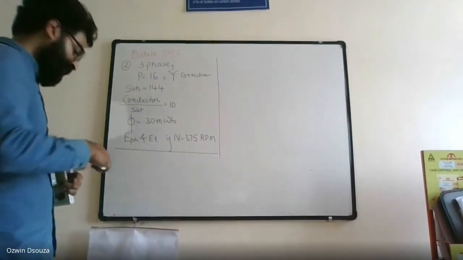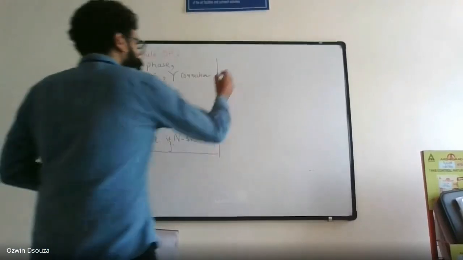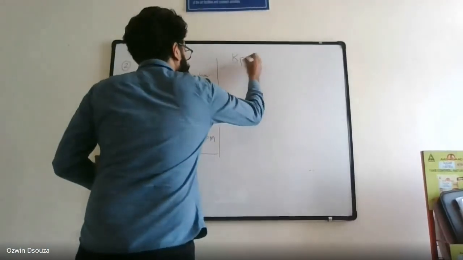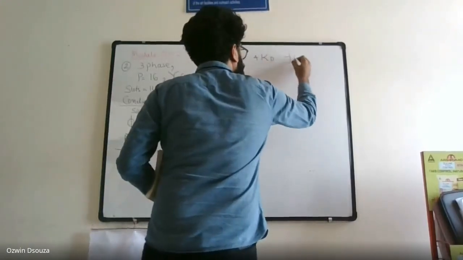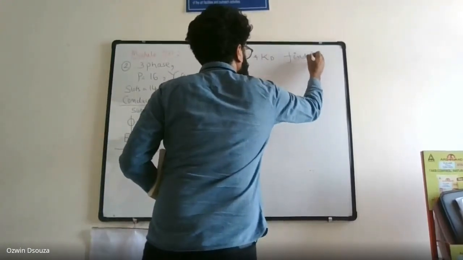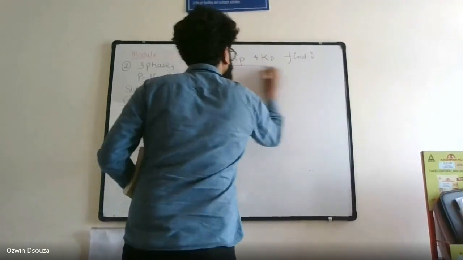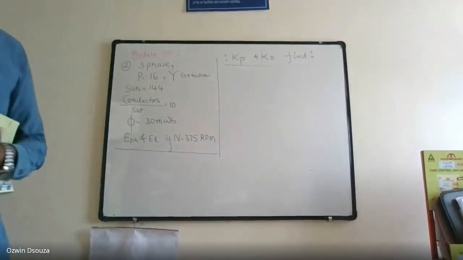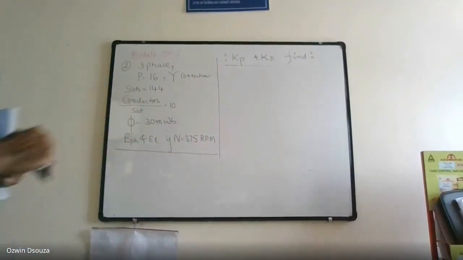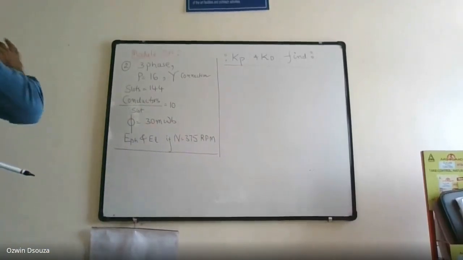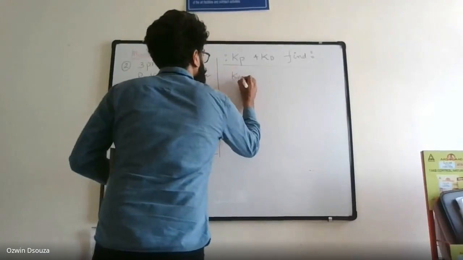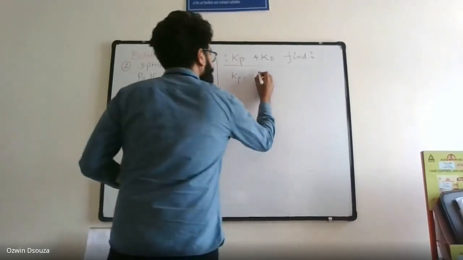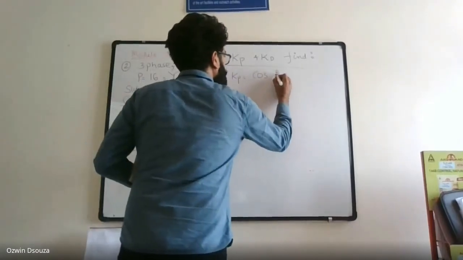So that means in this particular problem, Kp and Kd values need to be found. Because there is no direct information.